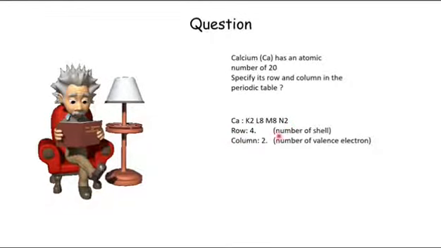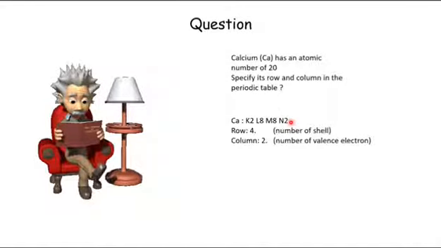The row is equal to the number of shells. Our last shell is N, and its number, as we know, is 4. So calcium belongs to row 4. Then we have the column or group, which is equal to the number of valence electrons. The number of valence electrons is the same as the number of electrons in the last shell, which is equal to 2 electrons.